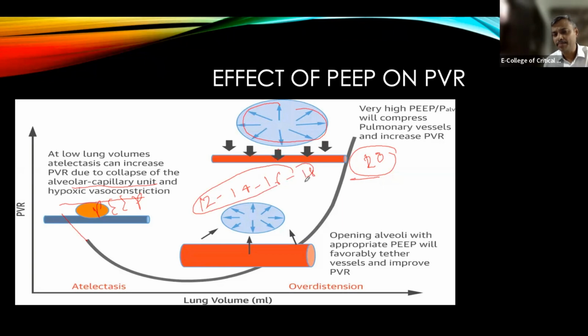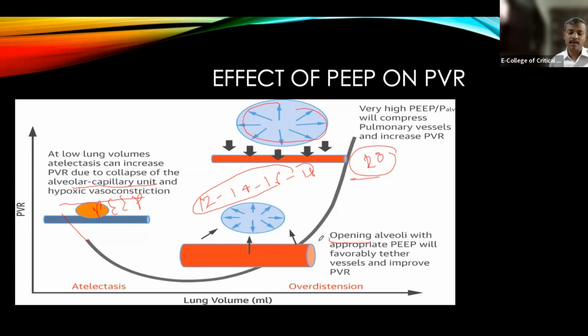As you increase the PEEP, please make sure whether the pulmonary vascular resistance is increasing or not. How do you identify it? Look at the right ventricle, whether right ventricular failure is happening or not. I am going to discuss that part. So opening alveoli with appropriate PEEP is helpful in the management of PVR also.